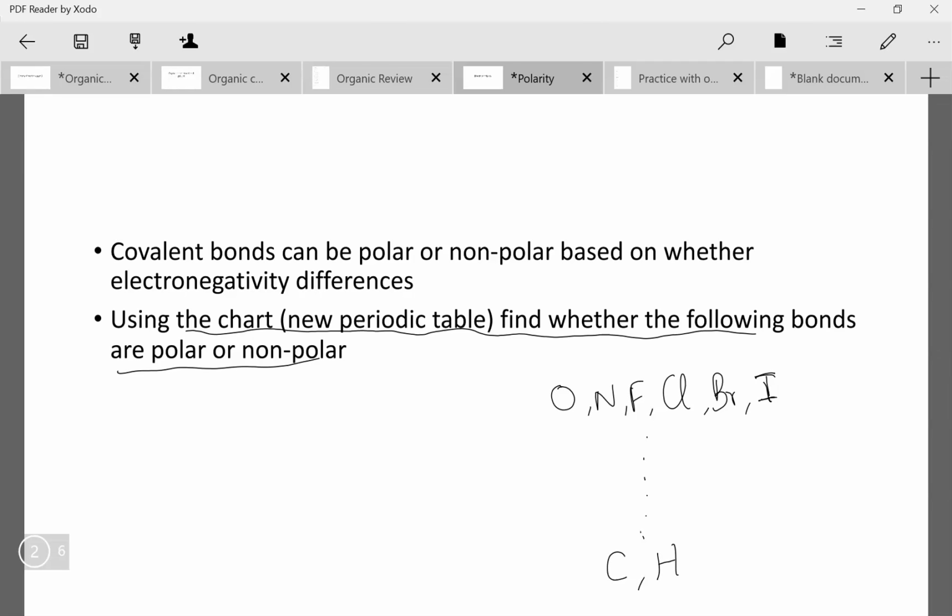Electronegative basically means how mean you are when you form covalent bonds. We know that's electron sharing, and some atoms don't share equally. Carbon and hydrogen don't want too much of the electrons, but oxygen and nitrogen want a lot of the electrons. So they're going to take more of the electrons. They're meaner.